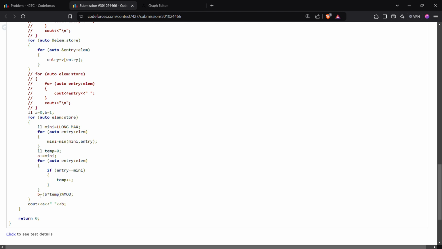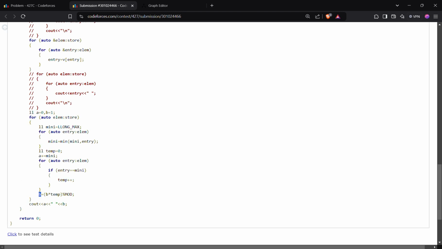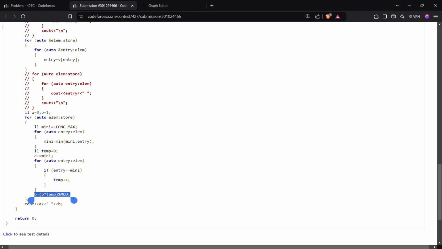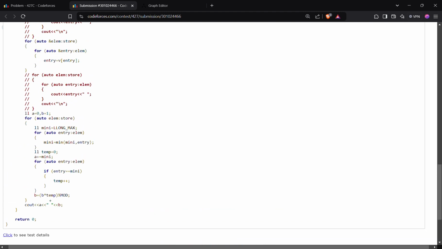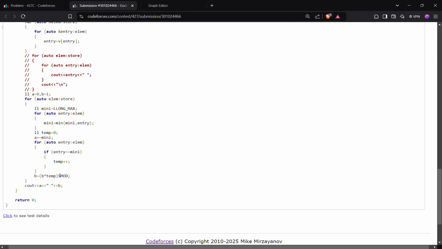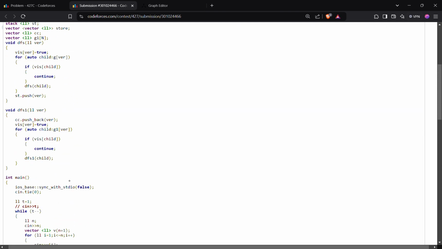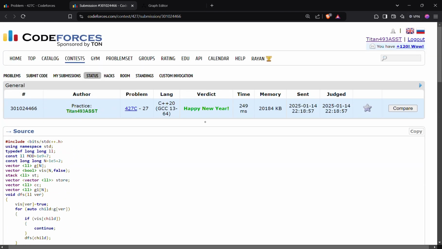We will multiply that count with the second argument of our answer, and simultaneously take the mod as well. This statement basically follows the AND principle of combinatorics. And finally, I output A, the first argument of the answer, and B, the second argument of the answer. And yes, it nicely passes in the time limits.